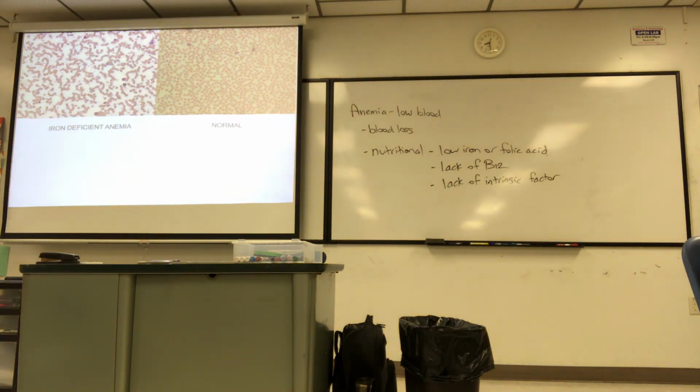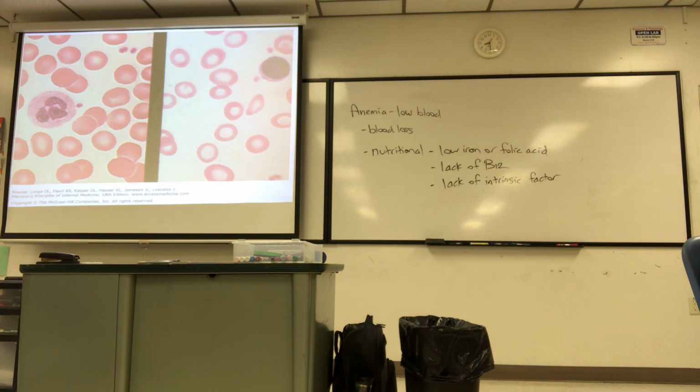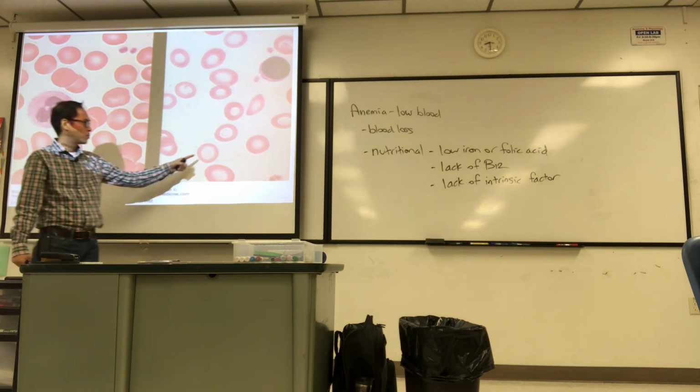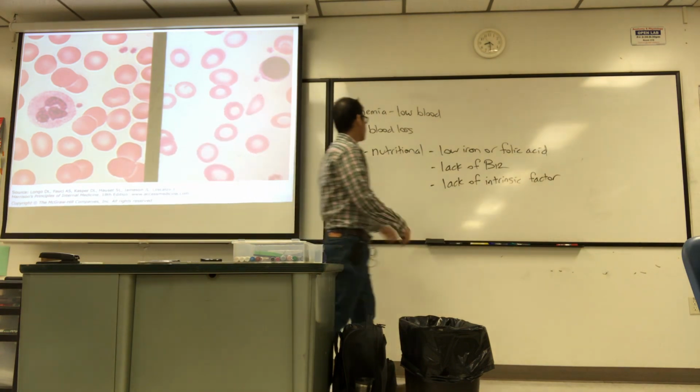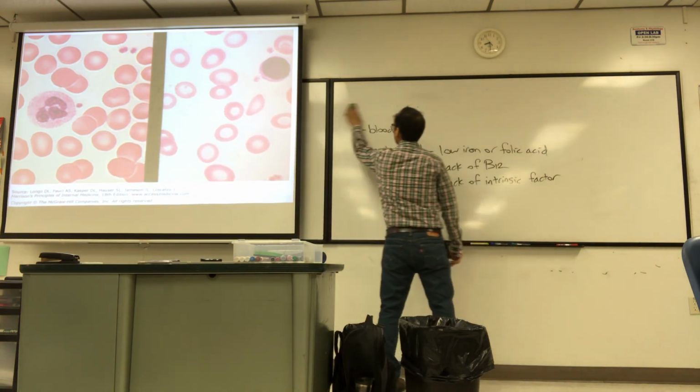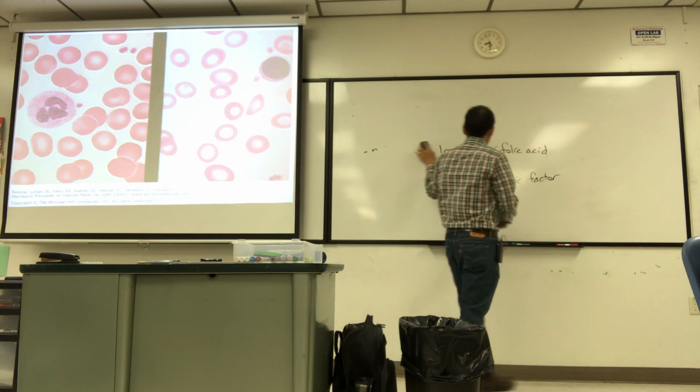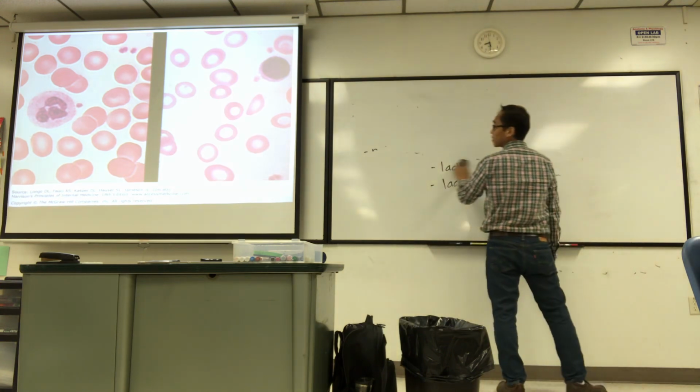And also, if you take a closer look, there's a picture from a textbook. Not only do you have less density of cells, the cells themselves appear more translucent in the middle. So this is the iron-deficient anemia on the right.